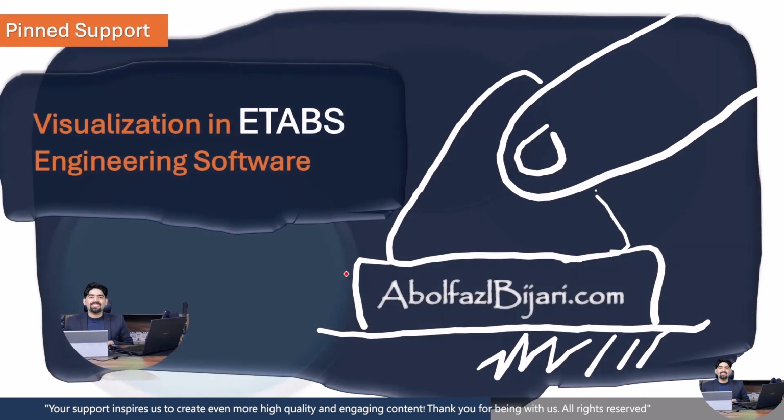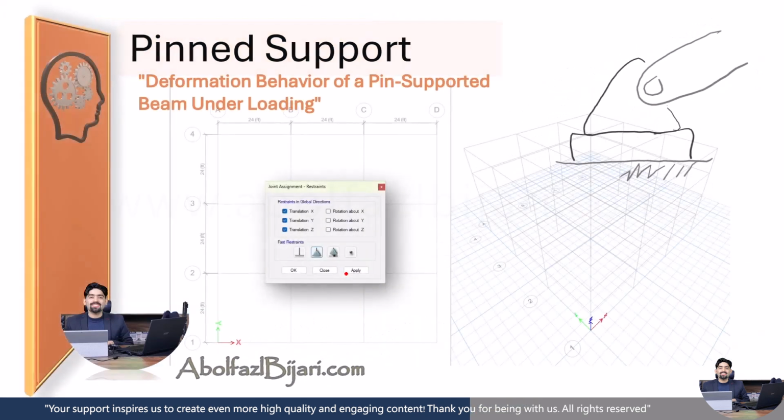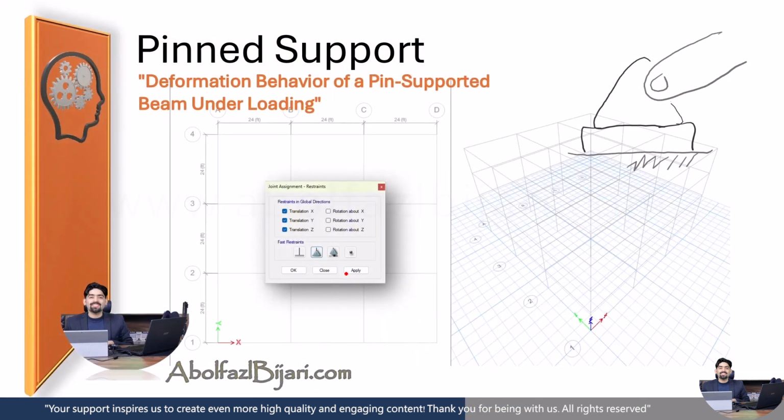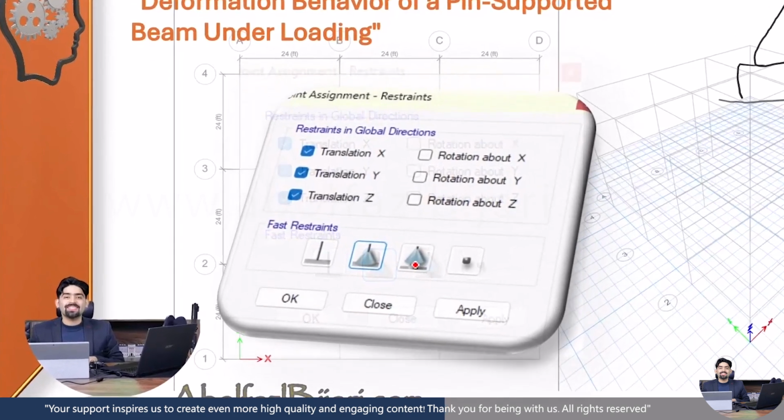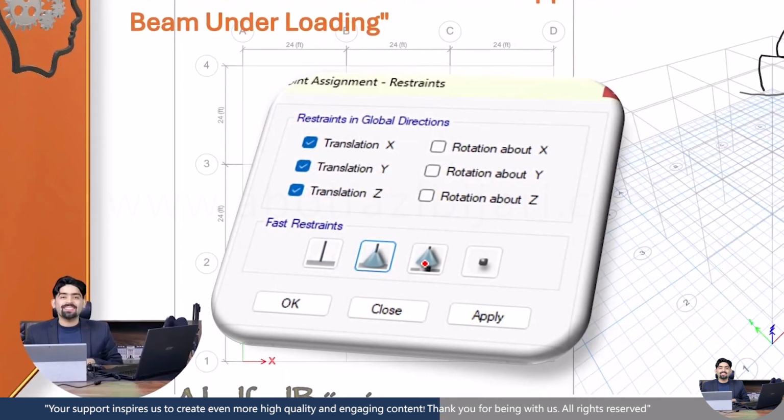How is it modeled in engineering software, for example ETABS and others? In ETABS, when defining supports in the joint settings, we see different options for restricting or allowing movements. In a 2D model, the pin support only resists horizontal and vertical forces.